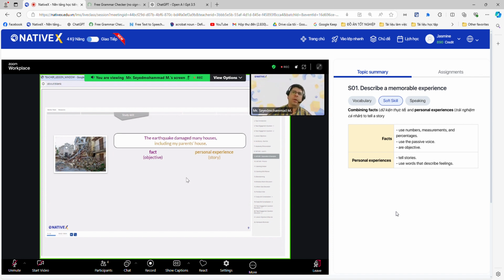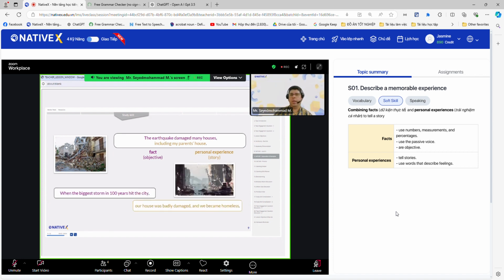Okay, how about this one, Jasmine? Which is fact and which is personal experience? I choose facts. Which part is fact and which part is personal experience? When the biggest storm in 100 years hit the city is fact.